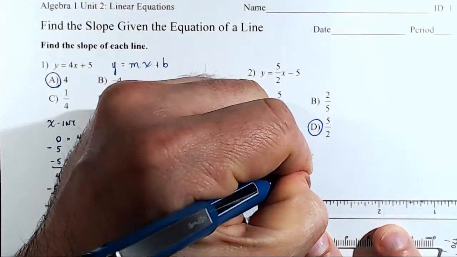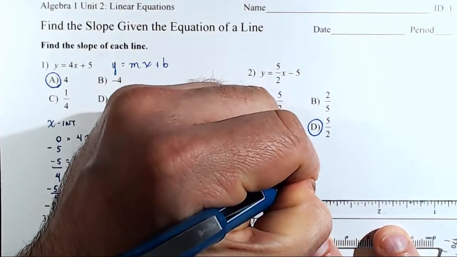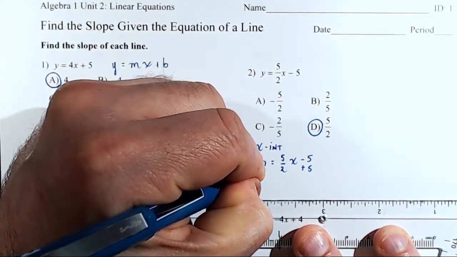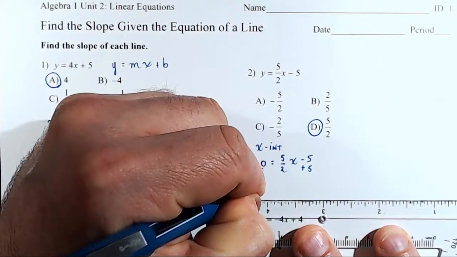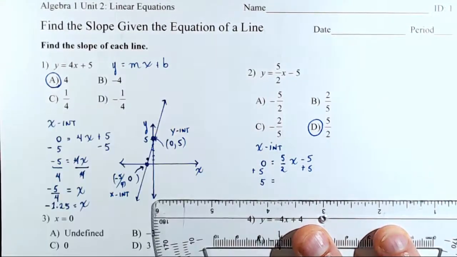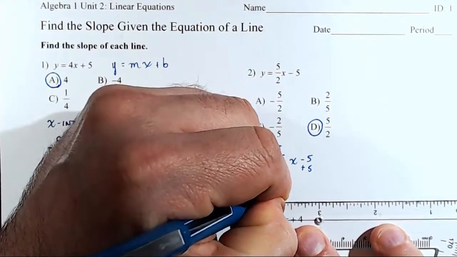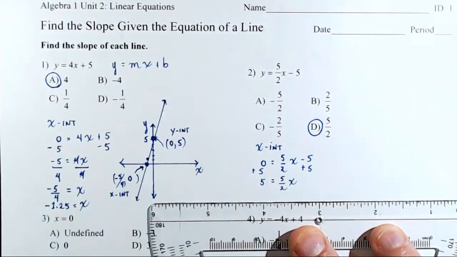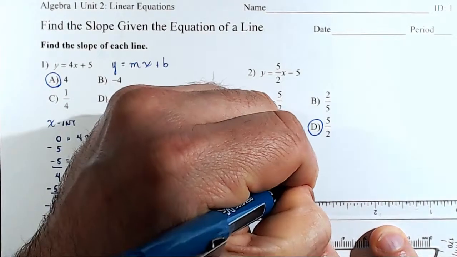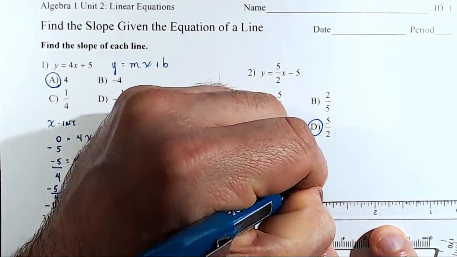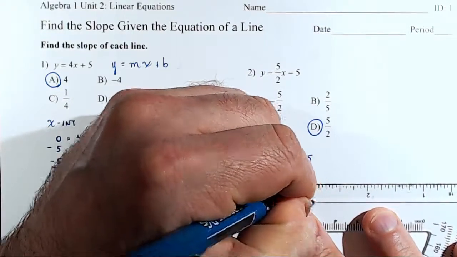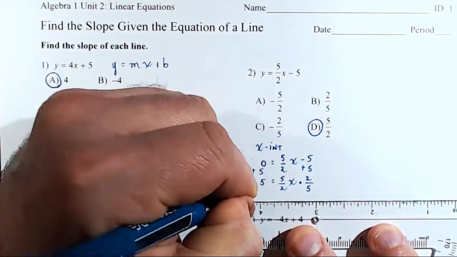Solve for x now. We'll add 5 on both sides. And now we have 5 equals 5 over 2 x. We can get rid of the 5 over 2 x by multiplying by the reciprocal, 2/5 on both sides.